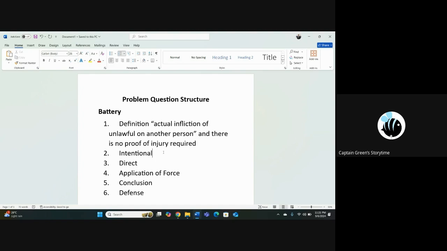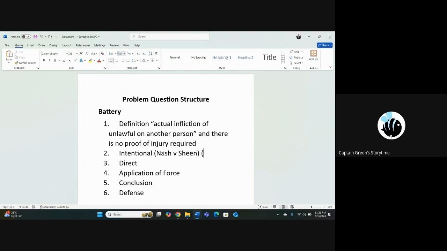Like, first of all, you have to satisfy the intentional element. You have to state that from the actions of the defendant, it is clear that he had an intention to cause injury or to cause harm to person B. You may use the case of Nash v Sheen. Okay, these are the most important cases.